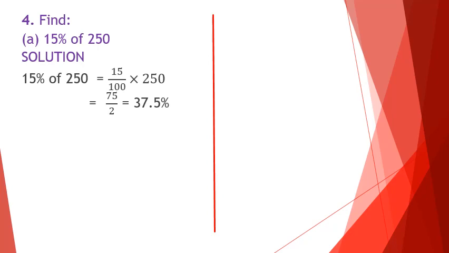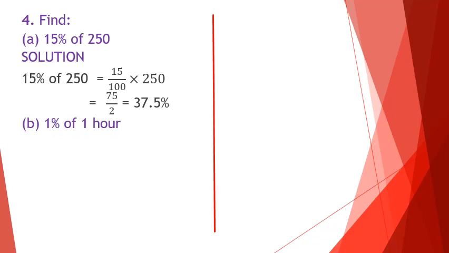Again, the denominator divided by 5 will give 2, and the numerator 15 can be cancelled by 5, so we get 3. So the numerator becomes 3 into 25 whole divided by 2. That is 75 upon 2 percentage, or we can write it as 37.5 percentage.